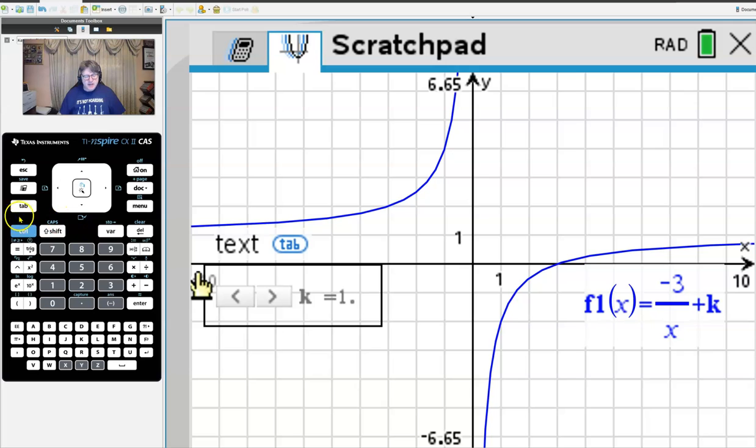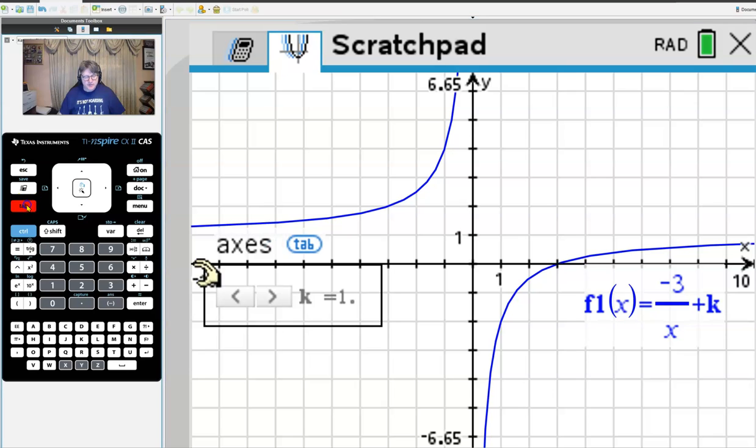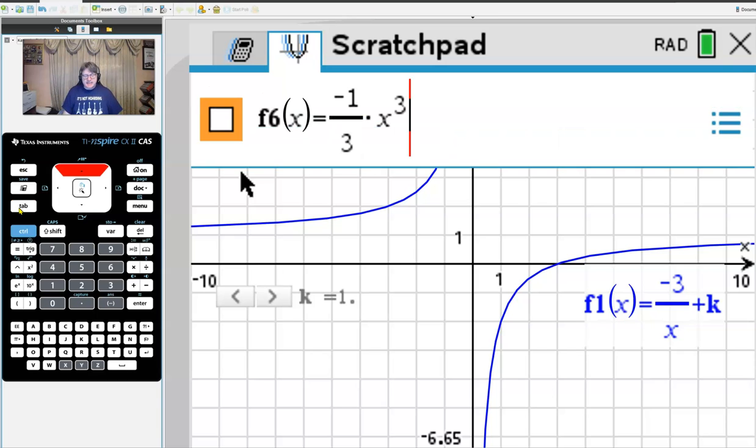Now, I've also gone into the y equals menu, which I can access by hitting the tab feature. I might want to get off that slider first. And you'll see that I have every one of the answer choices sketched in some random fashion. It turns out that only one of these will reflect that perpendicularness.